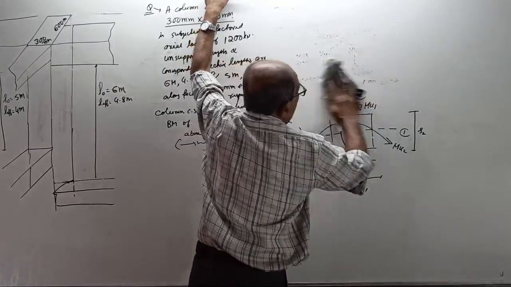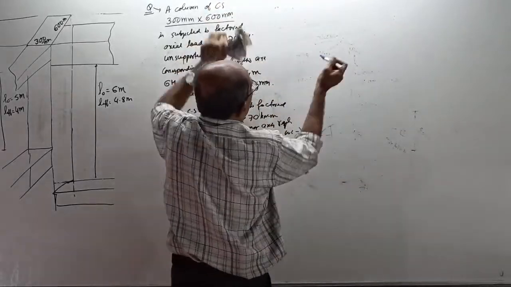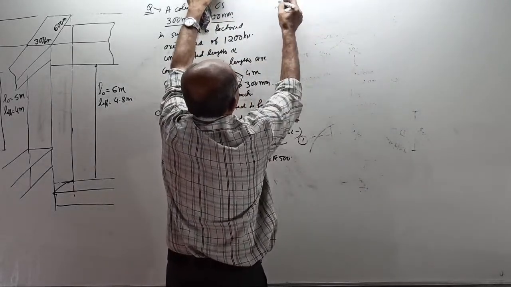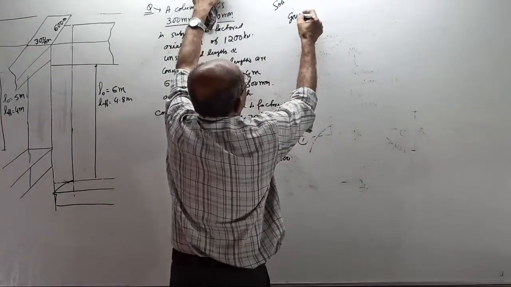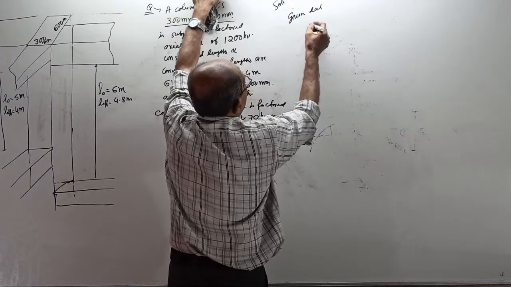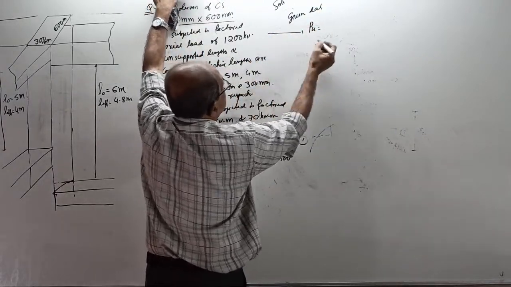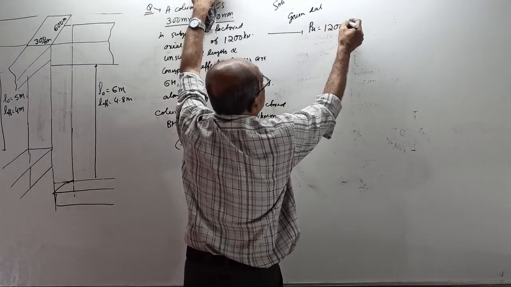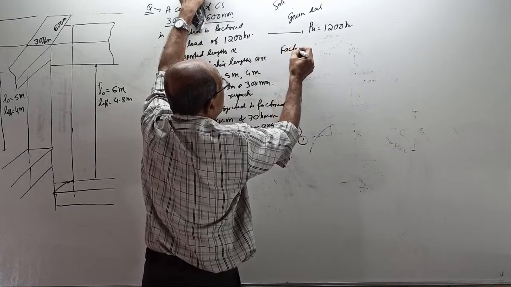You write what data is given. Notice. Given data is, I will clean this once again. Now the solution. First put the sketch. Then given data. Pu, factored load given. Pu is 1200 kilonewton. Okay. Then factored BMs.